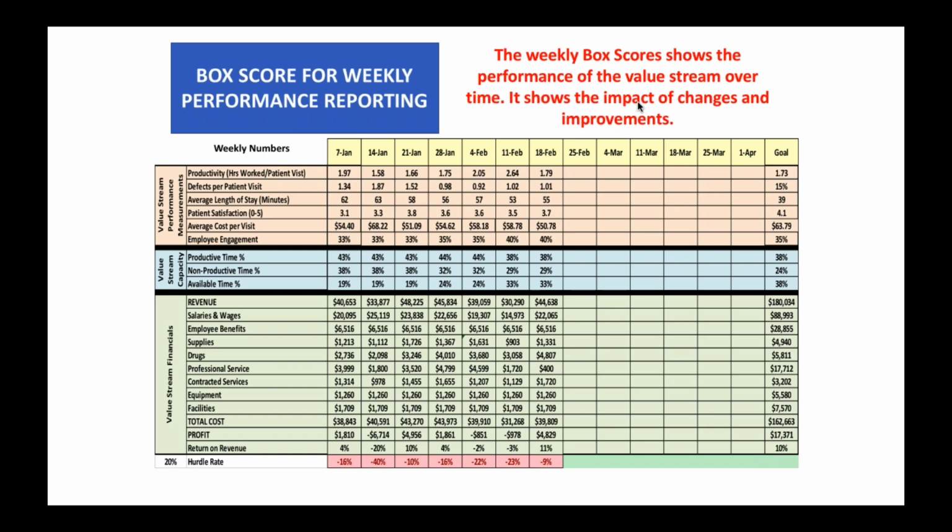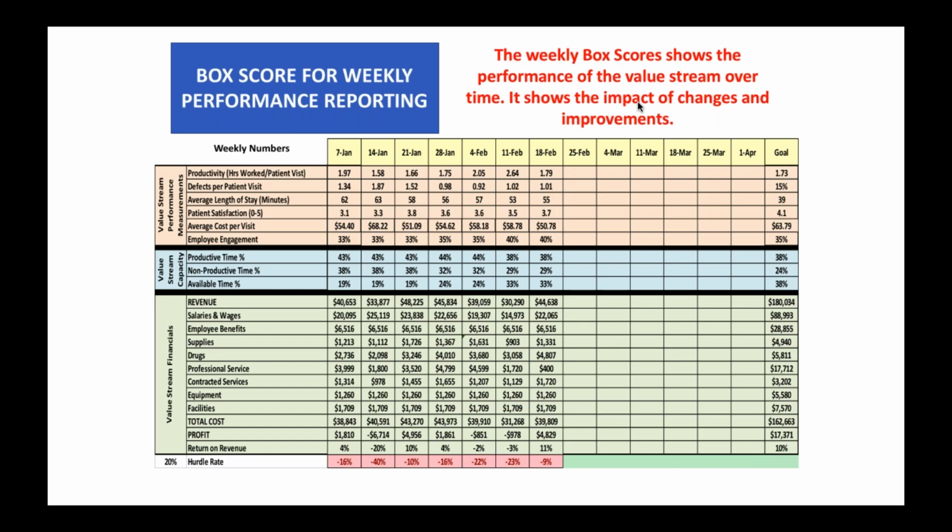Is the capacity changing, meaning are we reducing our non-productive time? Are we creating available capacity and then eventually turning that available capacity into more productive capacity by producing and shipping more? And finally, after you look at the performance and the capacity, you want to look at the financial impact.